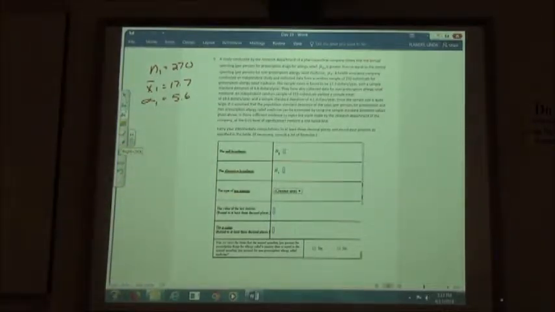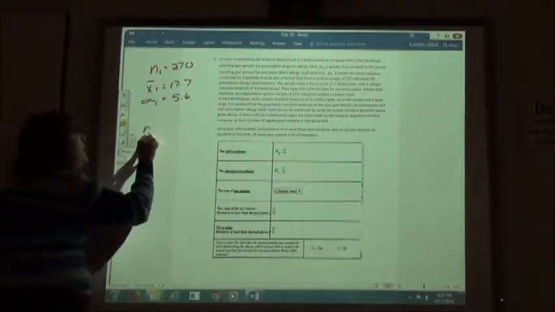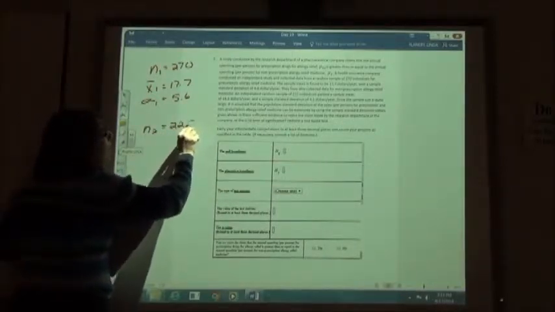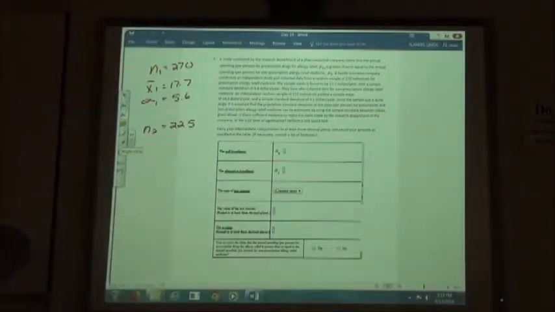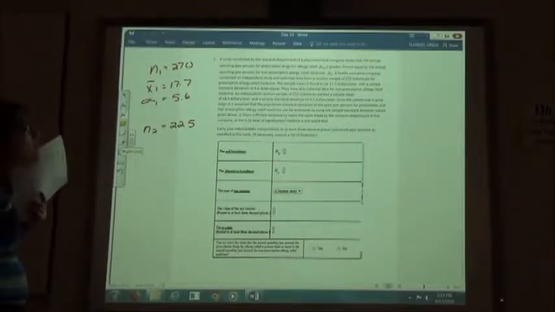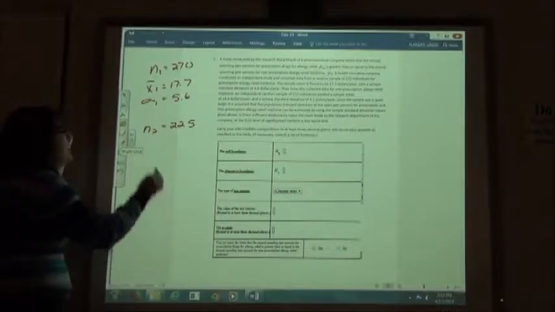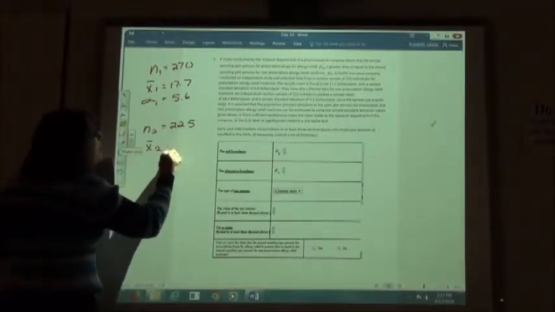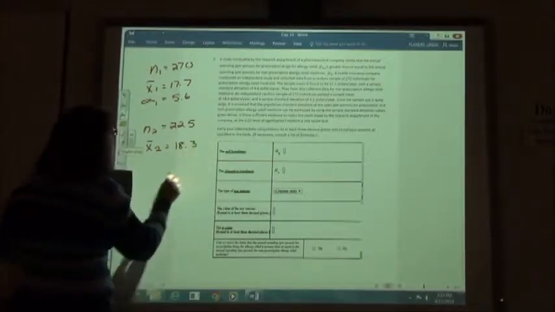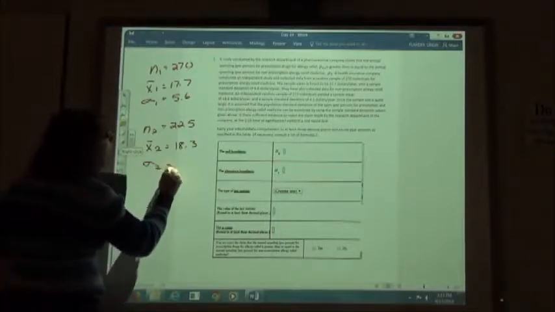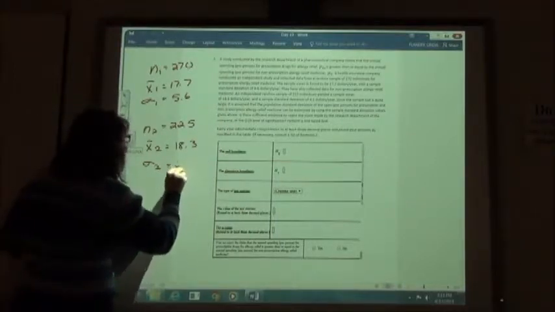They also collected data for non-prescription allergy relief medicine. An independent random sample of 225 individuals, so n2 is 225, yielded a sample mean of $18.3 per year and a sample standard deviation of $4.1 per year. So x-bar 2 is my 18.3, sigma 2 is going to be 4.1.